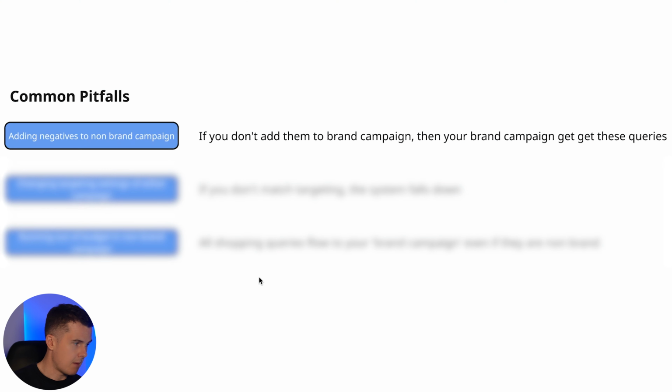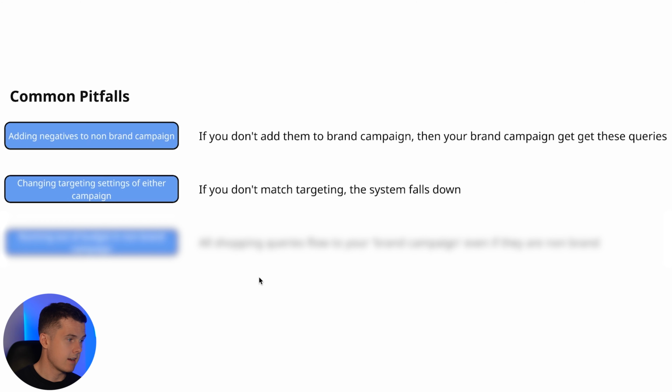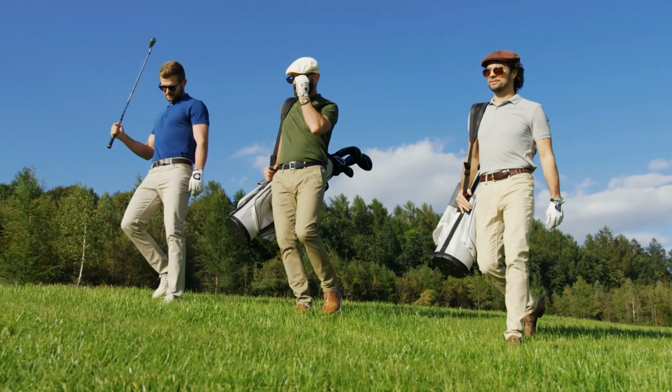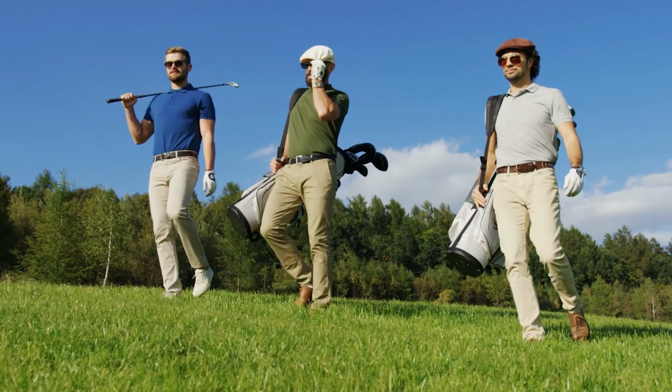The next common pitfall is changing targeting settings of either campaign. So once again, if you decide that a particular location isn't doing well, perhaps you sell golf apparel and you're selling in the US and you know that the demand for golf products is very seasonal, and let's say it's the winter months and you only want to target those southern states.